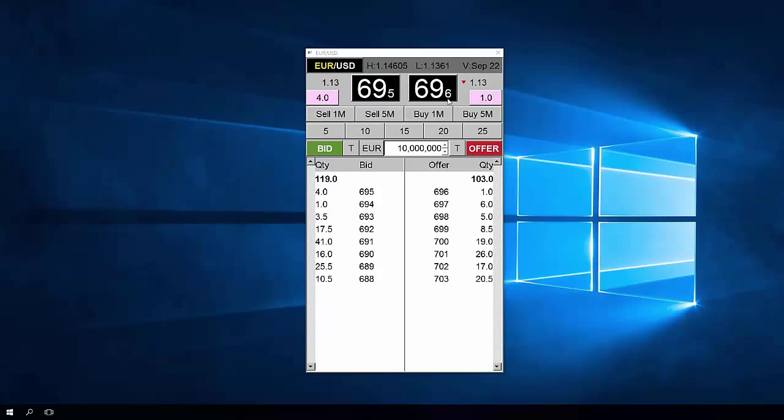When you're selling at the bid, your stop and targets get executed at the ask, at the offers. When you buy at the offers, your stop and targets get executed at the bids.